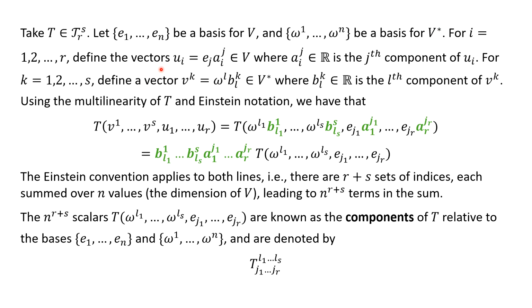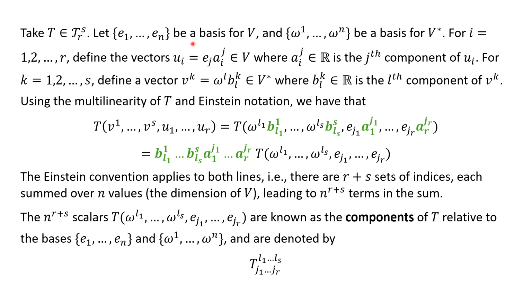And then what we do is generally represent an element from the domain of this tensor. So we need to take R vectors, U1, U2 up to UR, and S vectors from the dual, and then we write each one of those vectors in terms of their basis. So we write each one of the vectors U1, U2 up to UR in terms of the basis for V, and that's what's here.